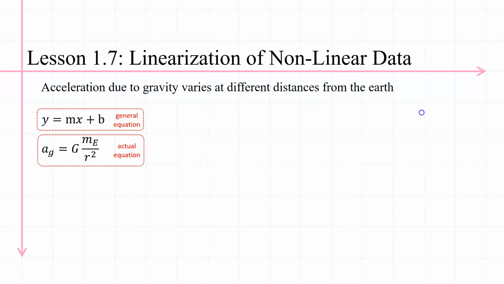The acceleration due to gravity is some constant G, which is actually called the constant of universal gravitation, and it always has this value, 6.67 times 10 to the negative 11th meters cubed per kilogram second squared. This value is just a fudge factor value.